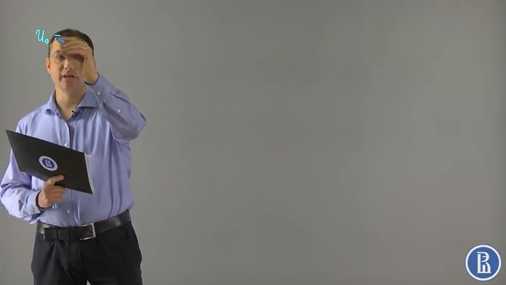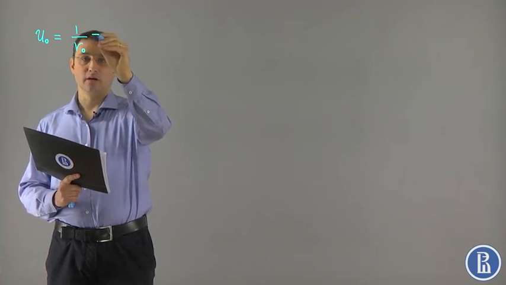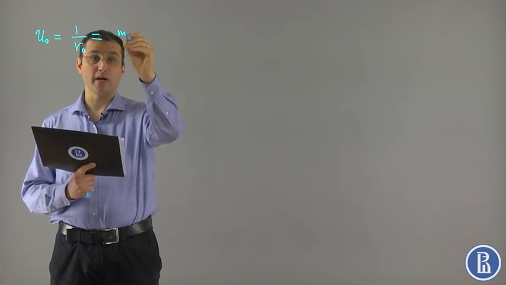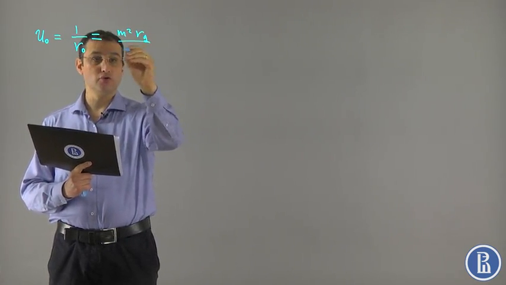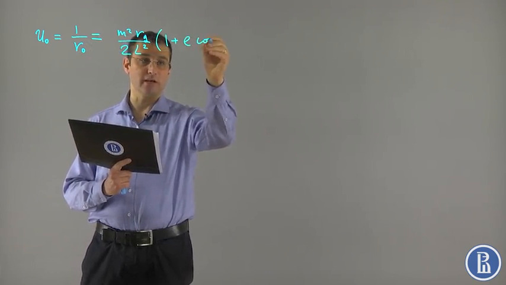Let me remind you, we have arrived at the following statement, that U0 is equal to 1 over R0, which is m squared Rg over 2L squared times 1 plus e cosine phi.